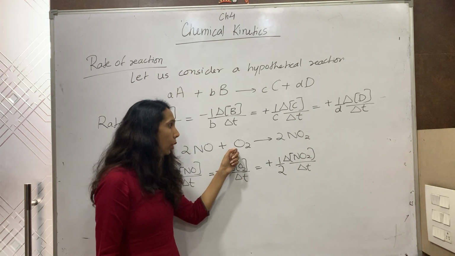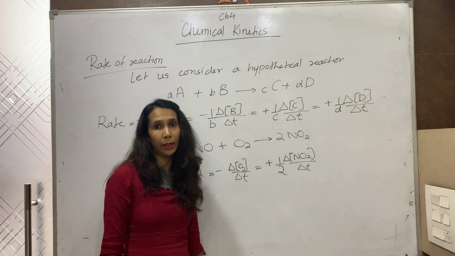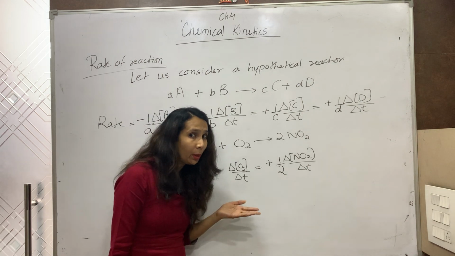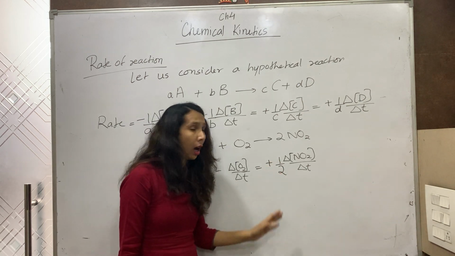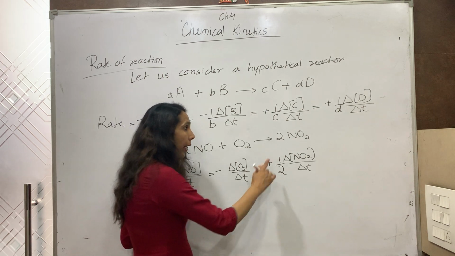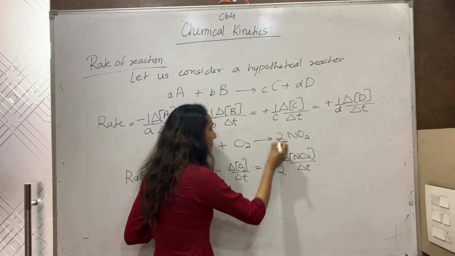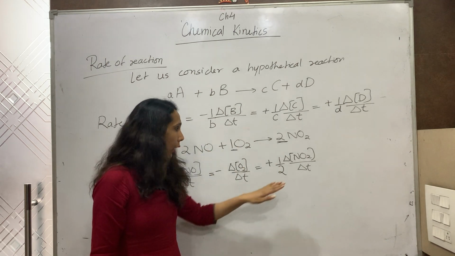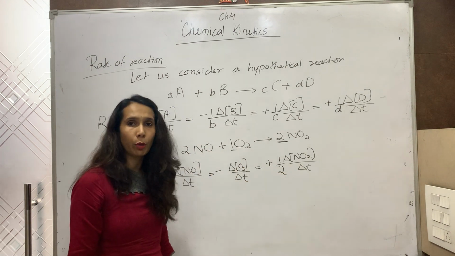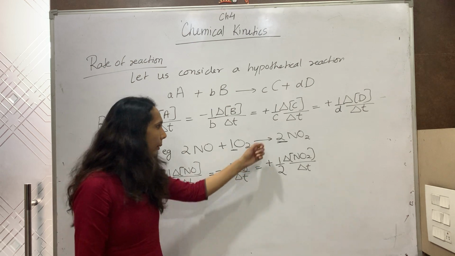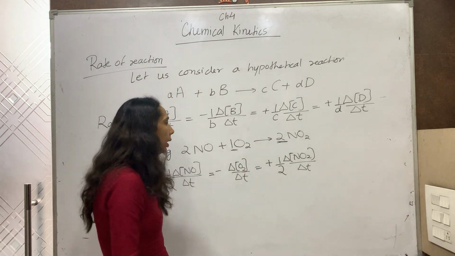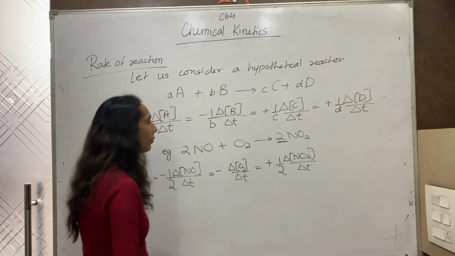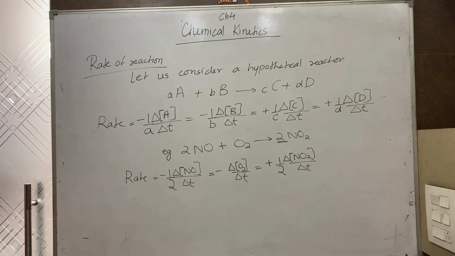You can see 1 mole of O2 is used up and 2 moles of NO2 are formed. To make the rates equal, I have to halve it, because the rate of formation of NO2 is double the rate of consumption of O2. That means put the stoichiometric coefficient in the denominator. So this is how we write the rate of a reaction.